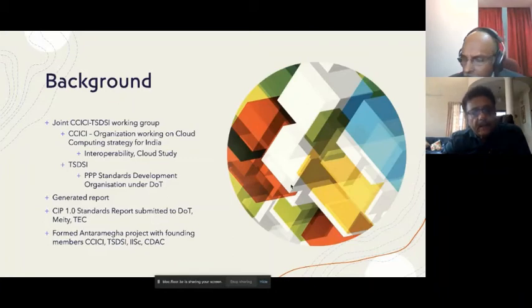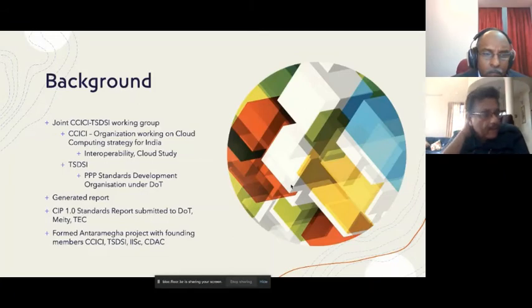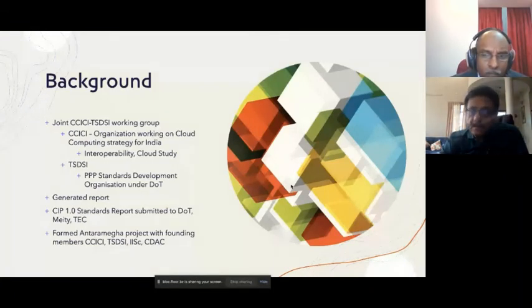And there has been a report which has been generated. This report basically talks about what standards we need in India to enhance cloud computing.